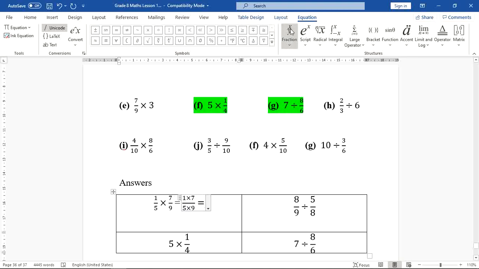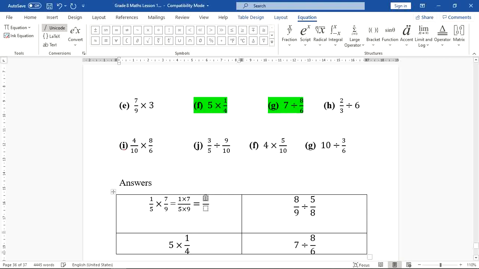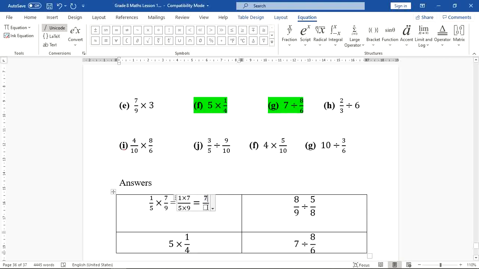And then the second step, you write down the answer. So that's 7 over 45. What's the highest common factor of 7 and 45? There's no other number that can go into 7 and 45. So this is the final step.